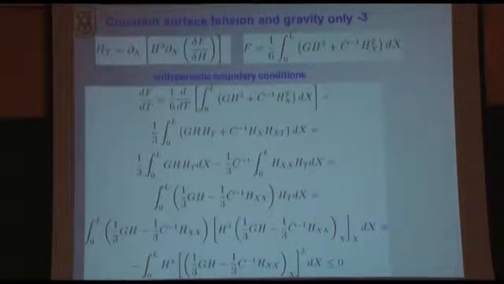So I bring the differentiation inside and differentiate with respect to time. Out of this h squared, I get 2 times h sub t. From here, I get a similar thing, and the integration with x.